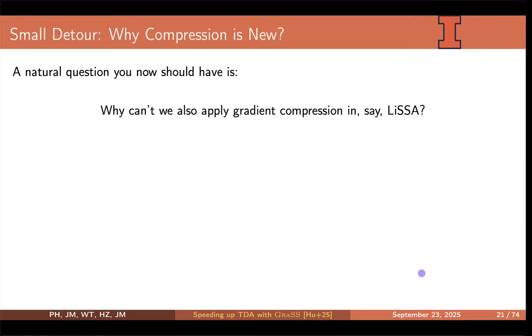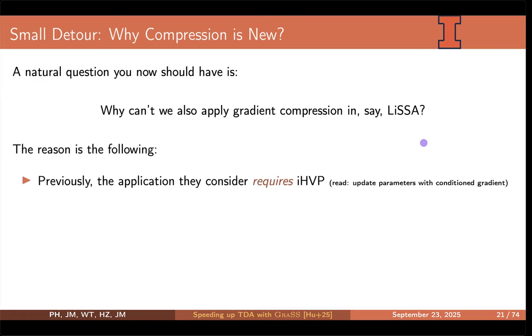Or why can we also apply gradient compression in HVP computation in the optimization context, let's say, Lisa. So the reason is the following. Previously, remember, we said that the application they consider requires HVP literally. So you should read this as they are trying to update parameters with conditional gradients.